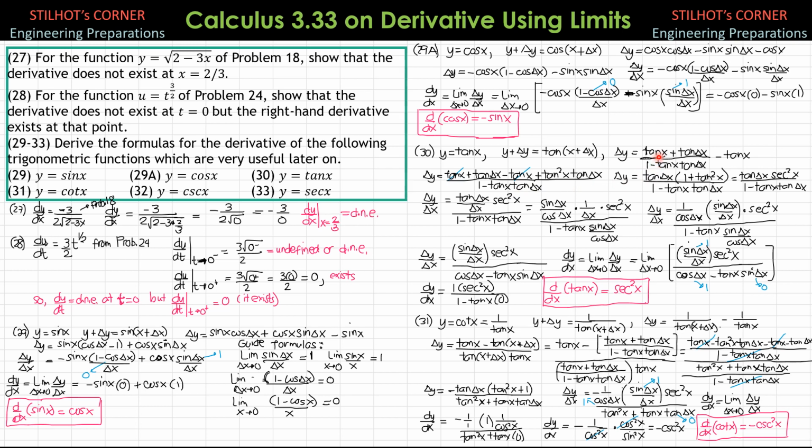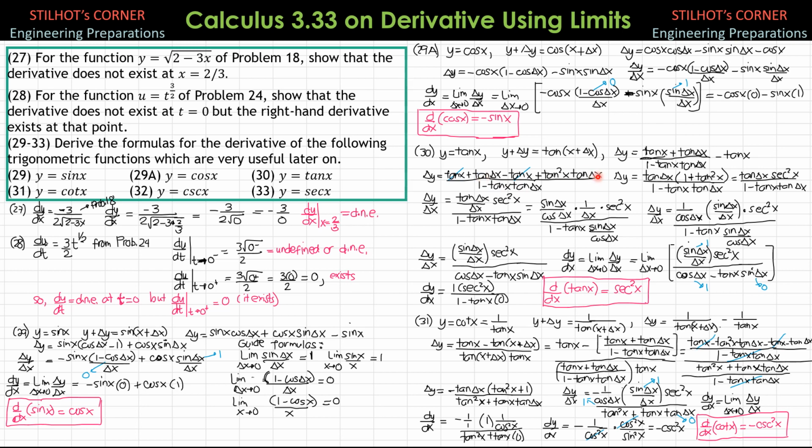Then we'll have tangent x plus tangent delta x minus tangent x times this LCD. So it is negative tangent x times 1, so negative tangent x. Negative tangent x times negative tangent x tangent delta x is positive tangent squared x tangent delta x over the LCD. So we can cancel tangent x and negative tangent x.